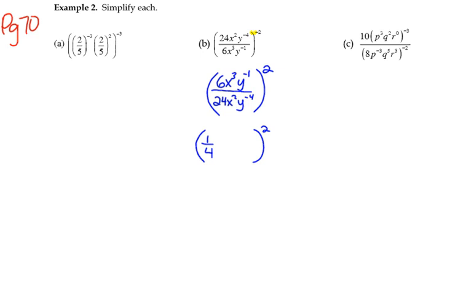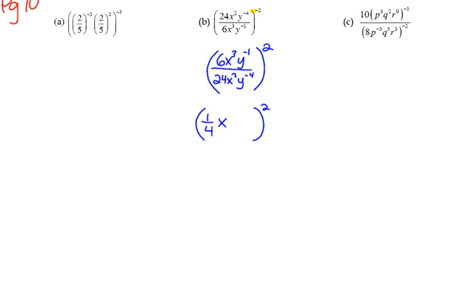Okay, what are we going to do here when we're dividing our x's? Subtract. So we have 3 minus 2. That's pretty easy. X to the power of 1, just x. Negatives are always tricky, right? This is where little mistakes happen. So our y's here, we want to subtract.